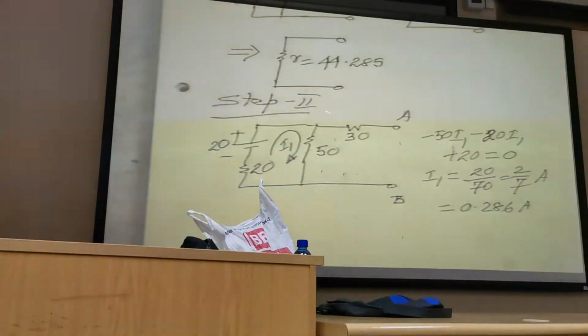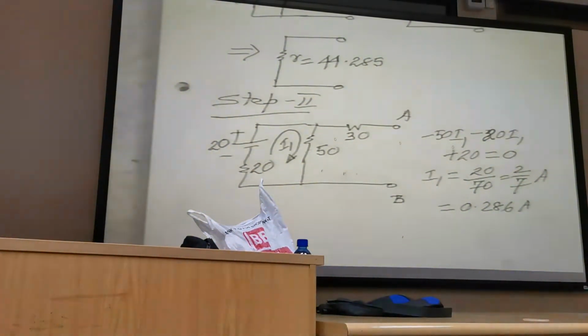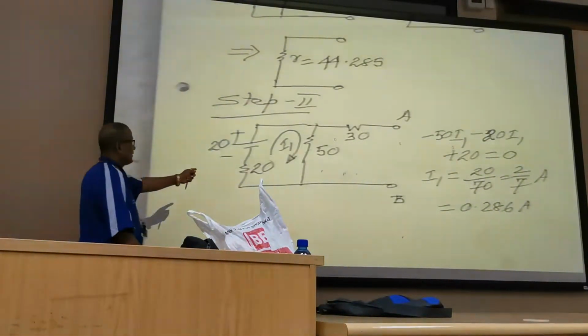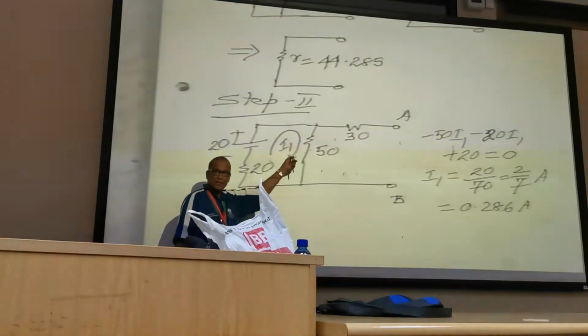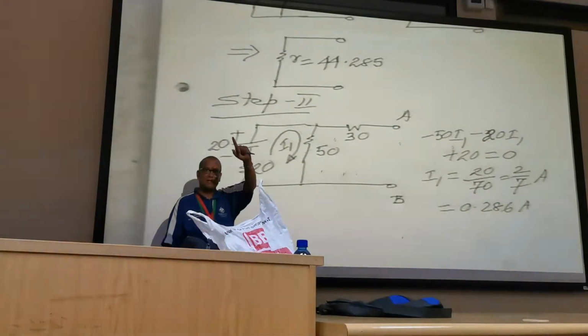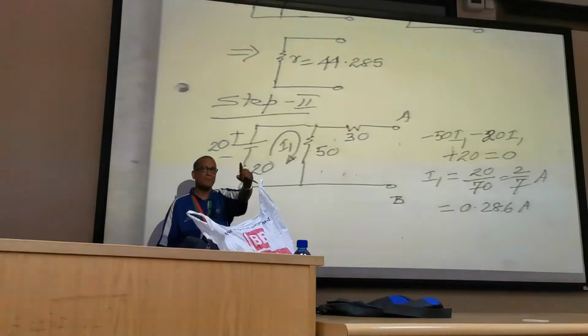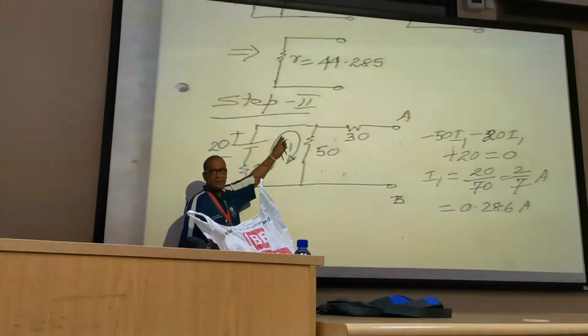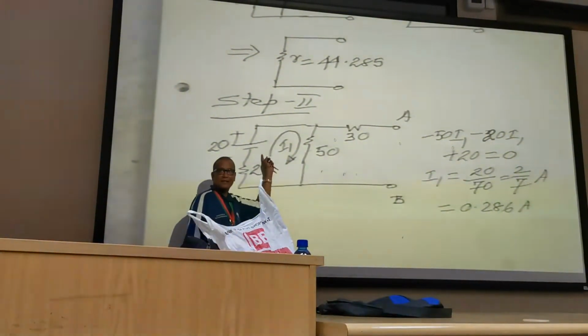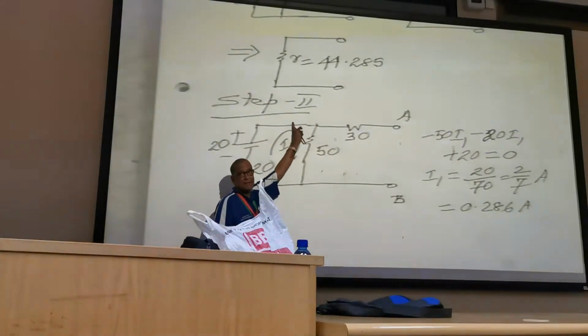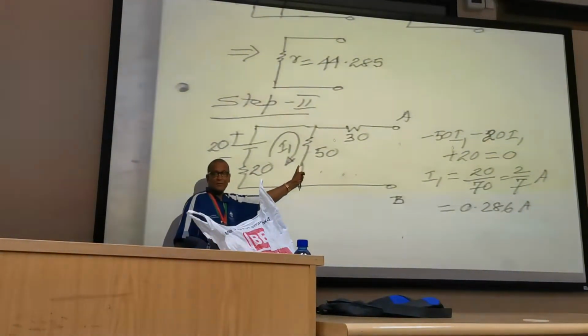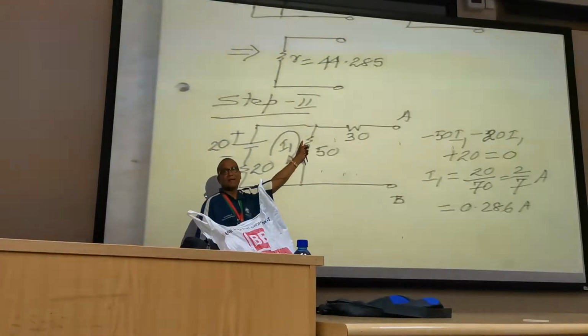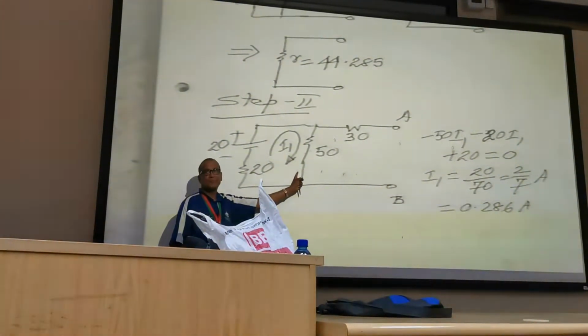So whenever we are doing that, we assume the direction of current. So we have assumed the direction of current to be this one, right? You can assume the other way around as well. You will have different equations, but the final answer will be the same. So we are assuming this way. So I1 is going in that direction. Now we are walking from here. So if we walk along the direction of the current, that will be a drop.